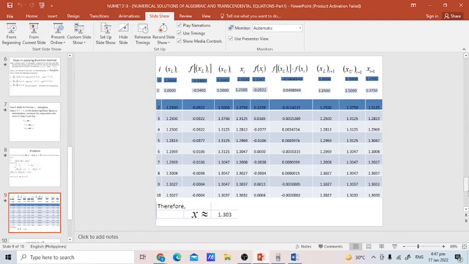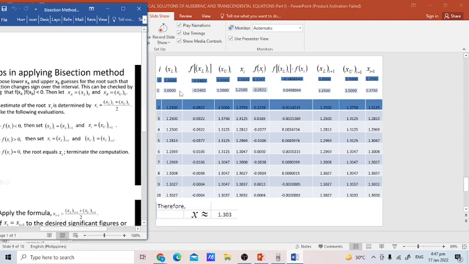So next step. We start with i equals 0. So we will construct a table. We have i, we have x sub li, so that starts with x sub l sub 0.